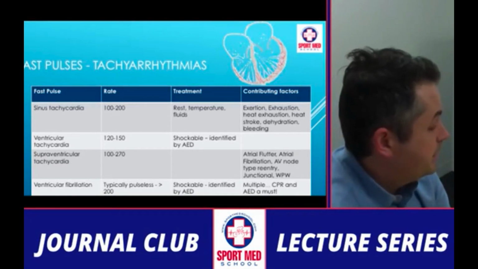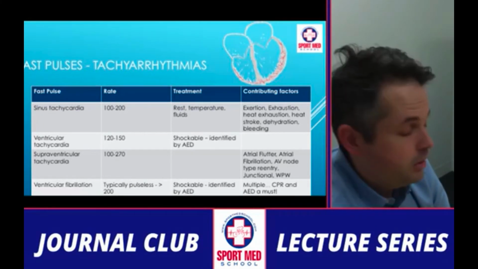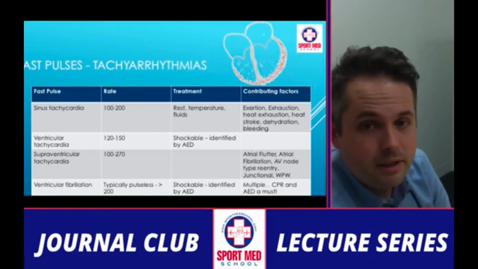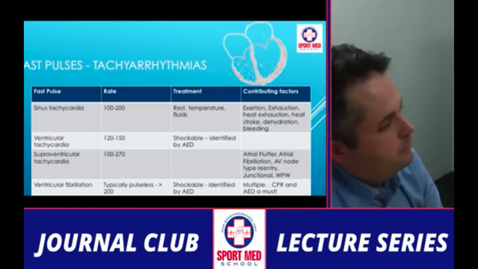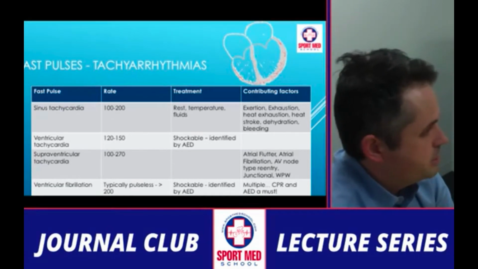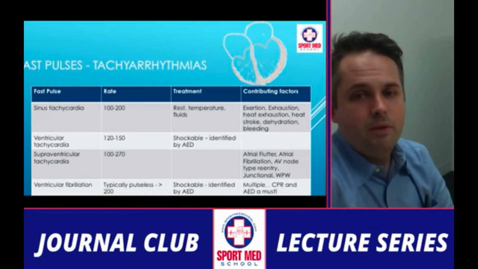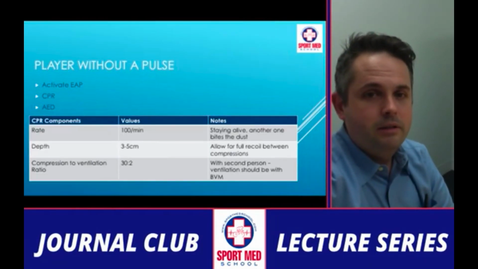Supraventricular tachycardia can go quite quick, well over 200. Then the other one is ventricular fibrillation, and those are the pulseless patients and sudden collapse. Once again, that's also shockable and should be accompanied with some CPR and AED.